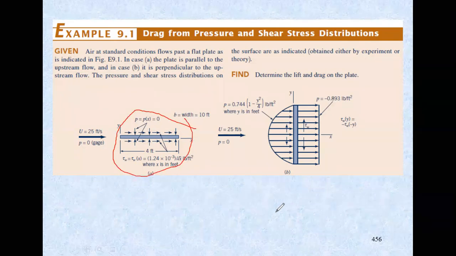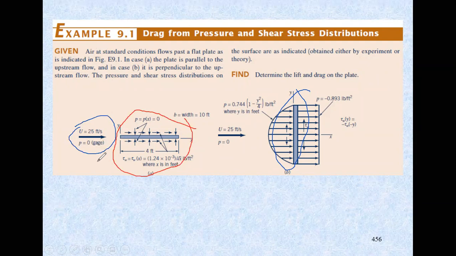The second has a vertical orientation. Both are immersed in air moving at velocity u, with pressure P, and the wall shear stress distribution is given by this. So the question is, what is the lift and the drag on each of the plates?